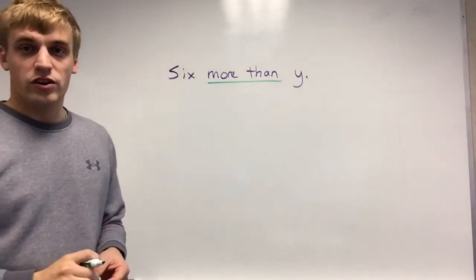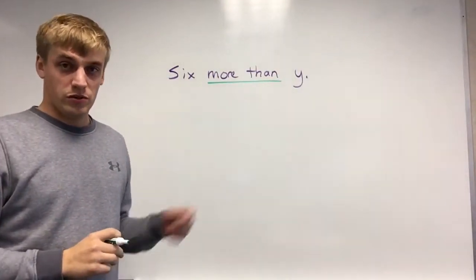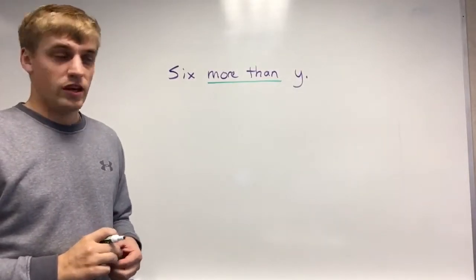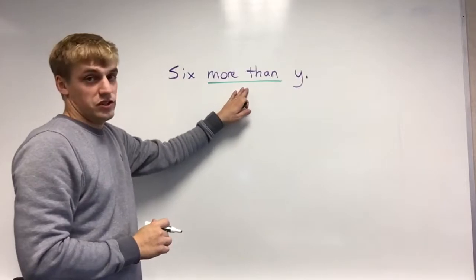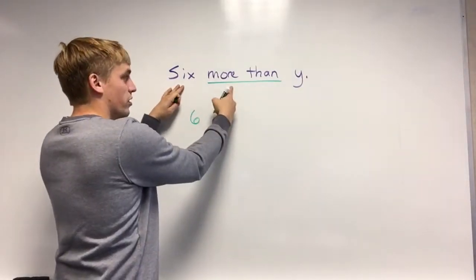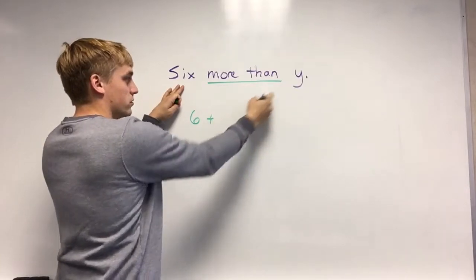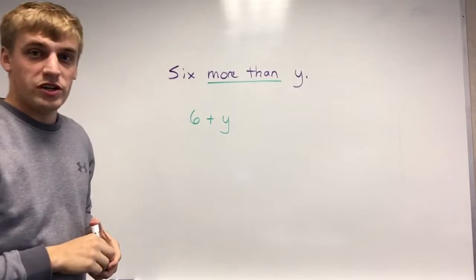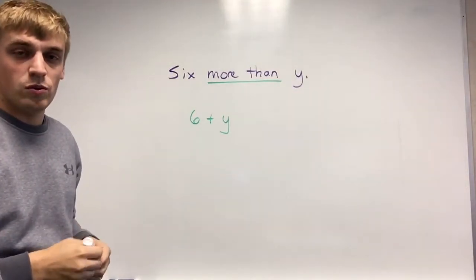If you look at your notes or those key words, you'll find that this is under addition. So we're going to take 6, more than means addition, and the variable y. So our expression is 6 plus y.